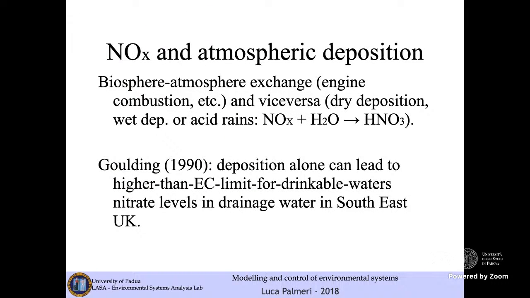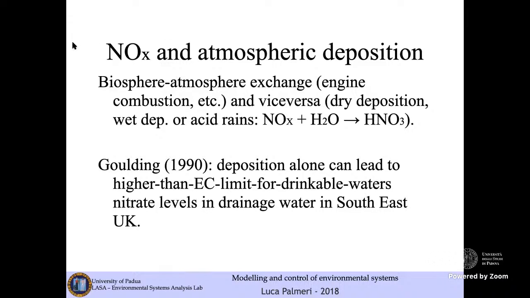Another relevant process that governs the transfer of nitrogen oxides from the atmosphere into the biosphere is atmospheric deposition. Biosphere-atmosphere exchange may be also driven by combustion and vice versa. You may have dry deposition. And also you may recall that Goldie in 1990 described deposition alone, but can lead to higher than European community limits for drinkable water.